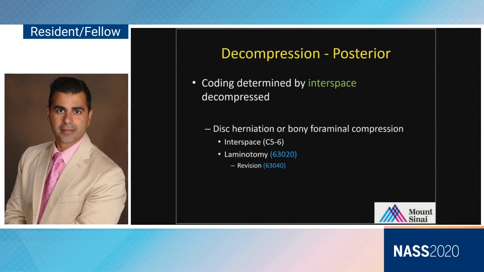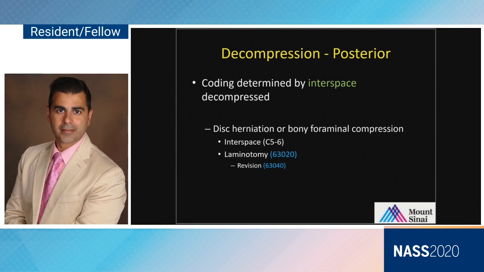It's typically done for disc herniation or bony foraminal compression. If it is that, then you code by interspace. So if you are performing a posterior foraminotomy in the cervical spine, or if you're performing a posterior discectomy, which is typically only performed for a lateral-based soft disc herniation, then you would use a laminotomy code, which is 63020.